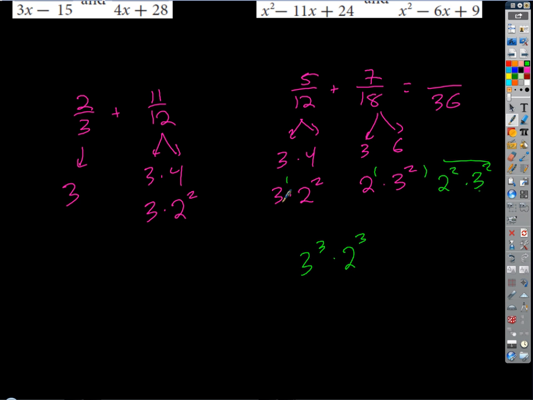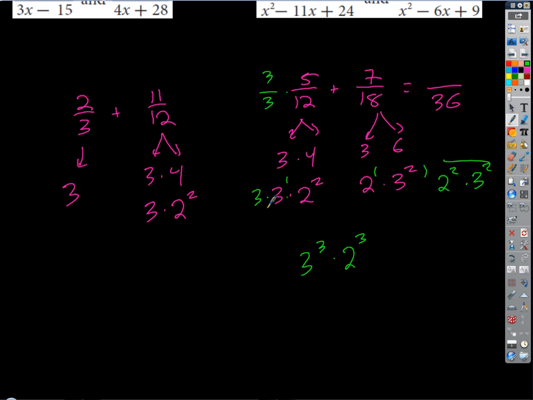This one starts off with a 3 to the 1 times a 2 squared, and I want to end up with a 2 squared times a 3 squared. So I'm going to multiply this fraction by 3 over 3 then, right? Because what does that give me? If I multiply by 3 over 3, then I get my 3 squared times 2 squared.